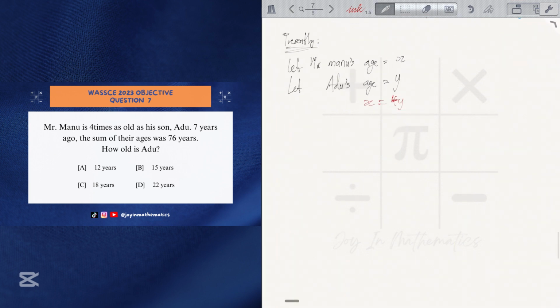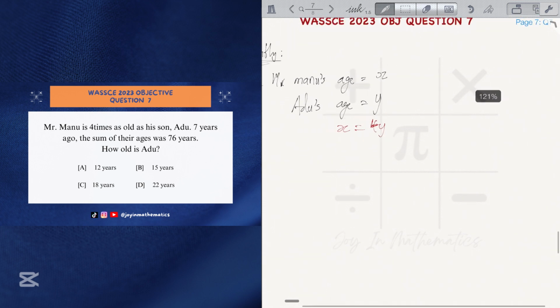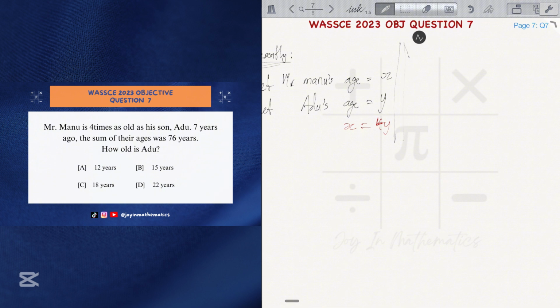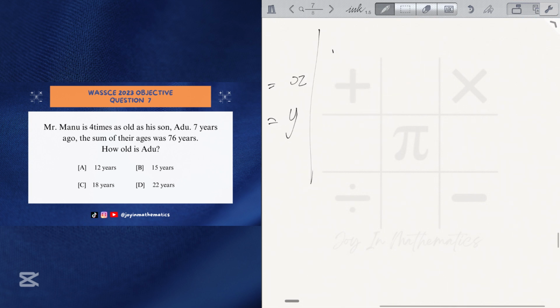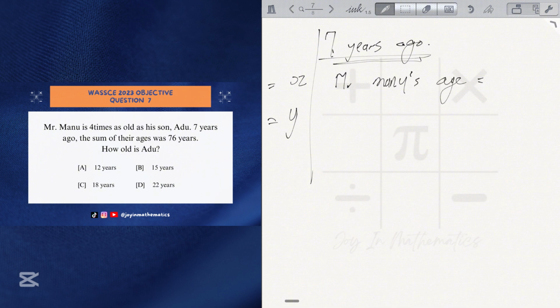Now let's move to the next line. It says 7 years ago. Now 7 years ago, Mr. Manu's age will be what? And Adu's age will be what?